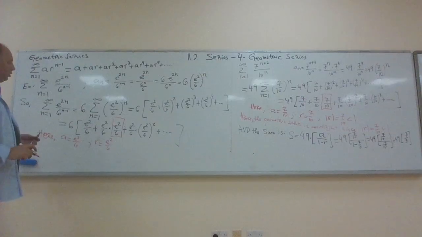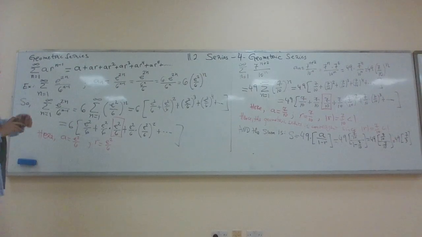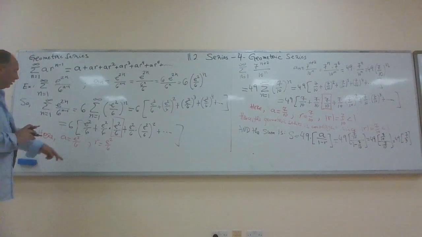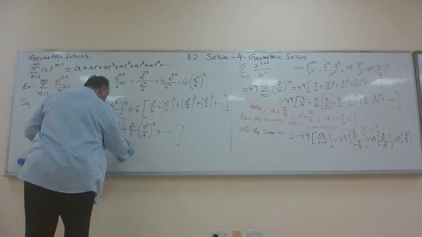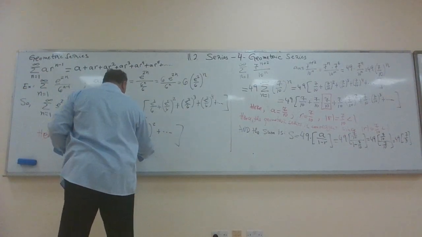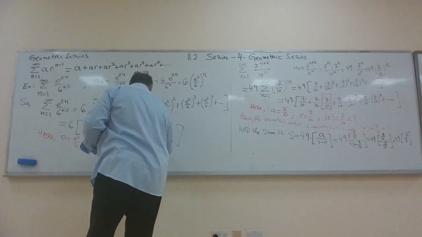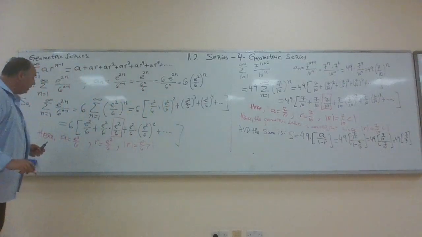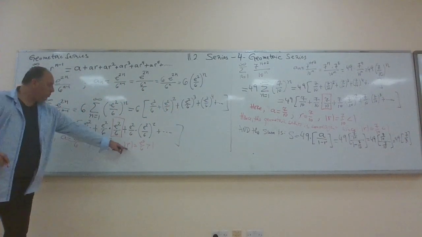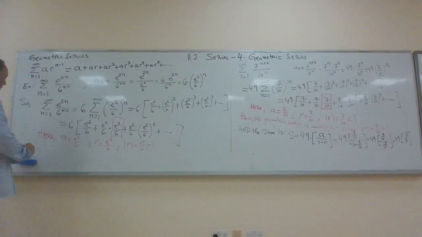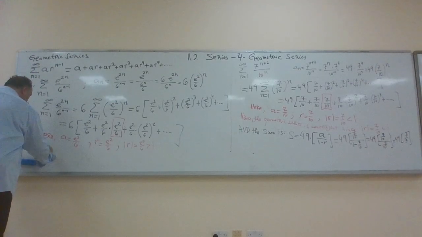Now if we compute e squared, it's going to be around 7 something, so this guy obviously is a little bit bigger than 1. What does it mean? I have a geometric series whose common ratio is bigger than 1. That means the series is divergent.